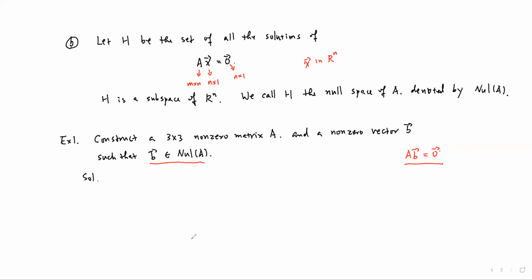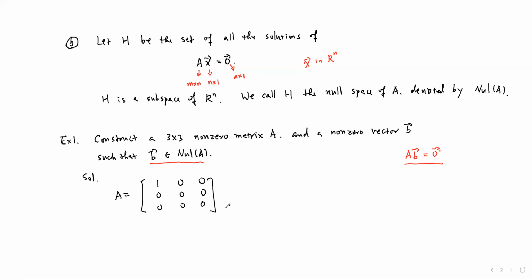Let me construct such a matrix A and vector b as simple as possible. A is 3x3, non-zero. Let me try this matrix: 1, 0, 0, 0, 0, 0, 0, 0, 0. Yes, this is a 3x3 non-zero matrix.